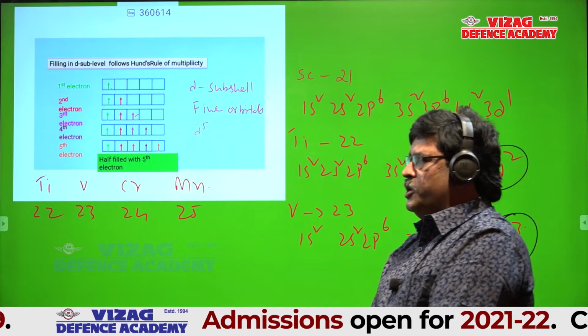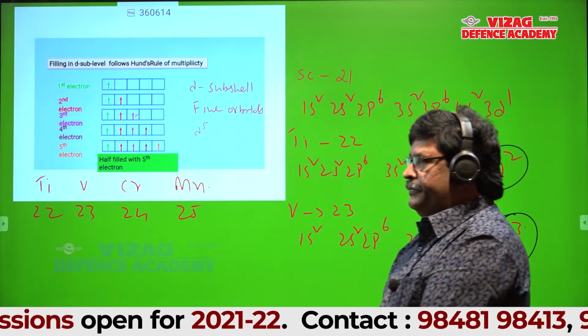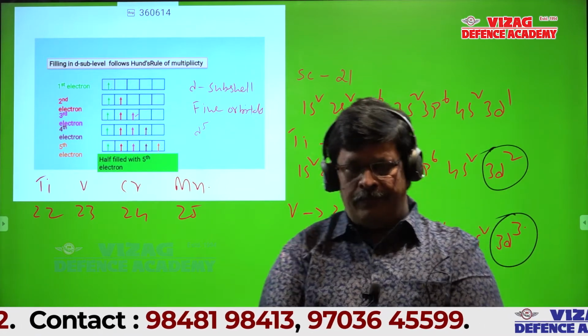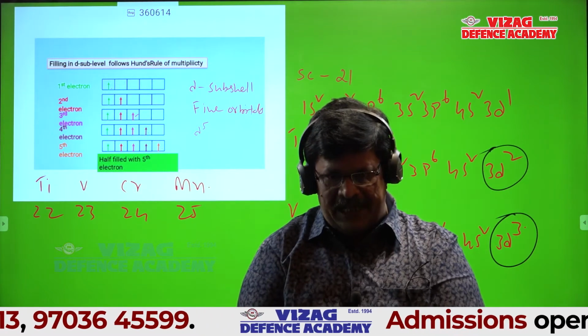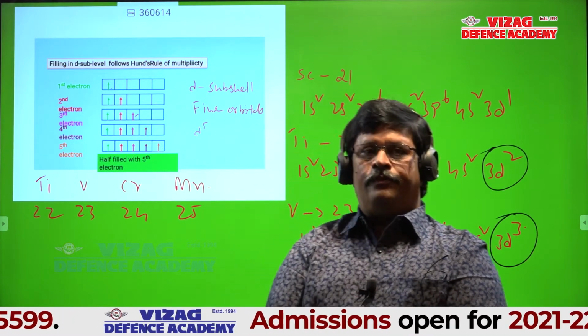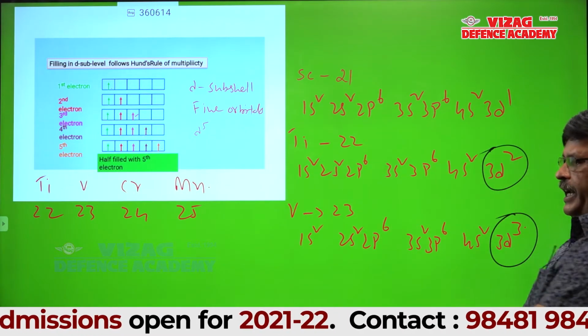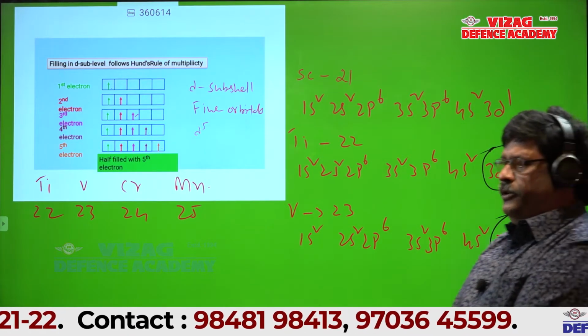Who is it, Naveen or Saket? What is your doubt? Can you say it one more time please? Okay. Now vanadium is 3d3, so there are 3 unpaired electrons. Is it okay, students? All of you?